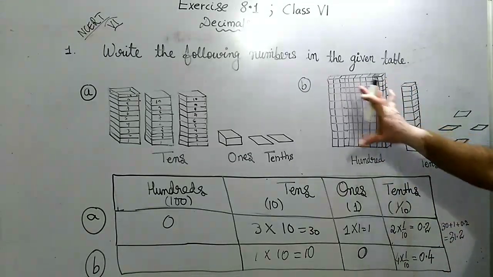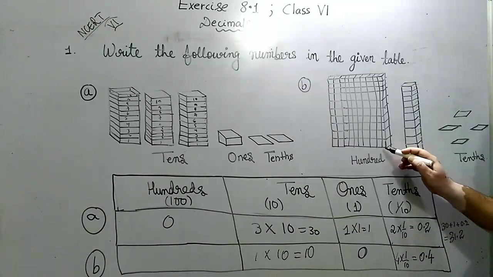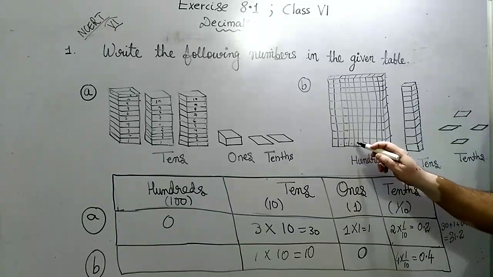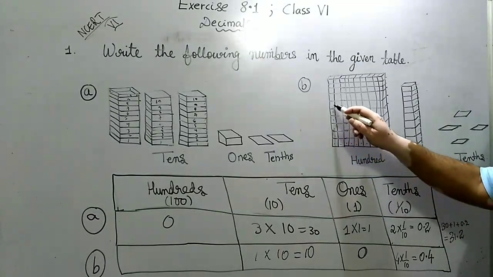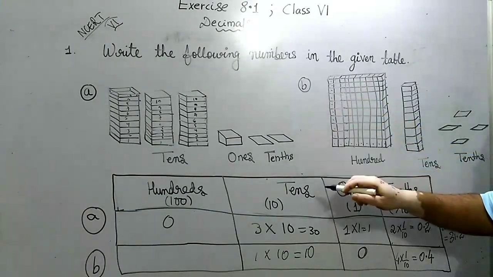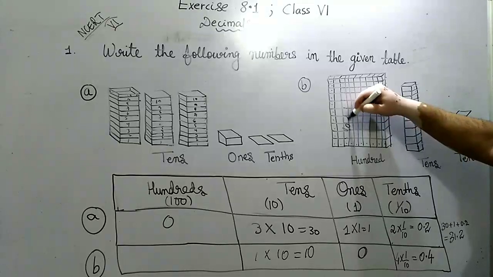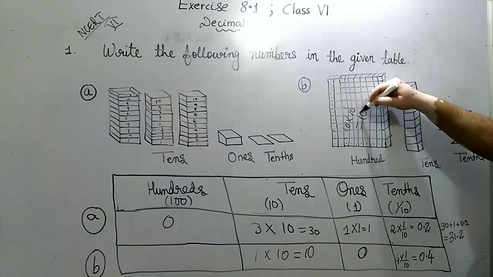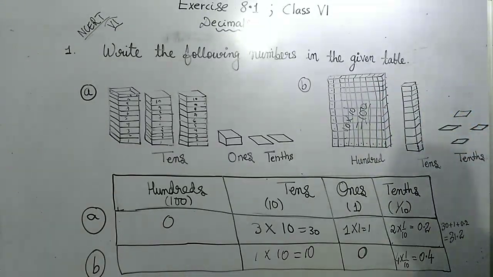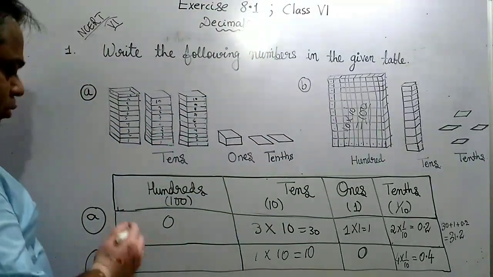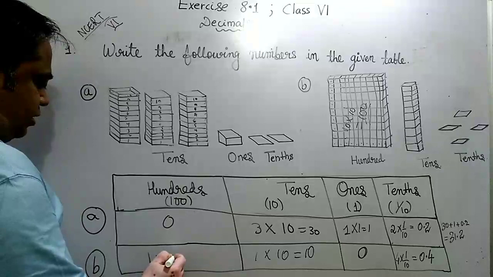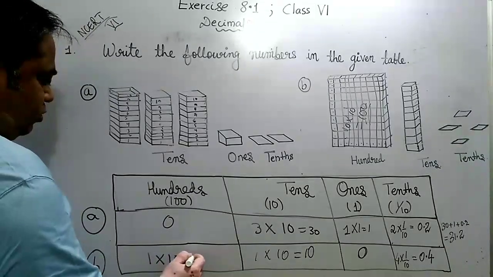There is one box and there are 100 parts in it. 1, 2, 3, 4, 5, 6, 7, 8, 9, 10, and 1, 2, 3, 4, 5, 6, 7, 8, 9, 10. So it is 10 into 10 equal to 100. So in hundreds place there is one box with 100 small boxes. This will be equal to 100.